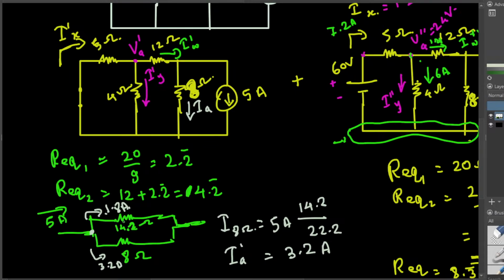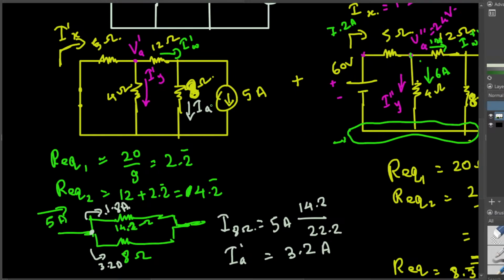Now if I expand the circuit a little bit, I can see what's happening to the 1.8 ampere current, because I can apply the current divider to see how much goes through each resistor. Okay, let's do that.